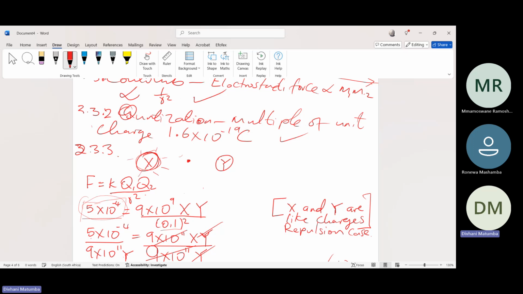It will have its field, and this one also will have its own field. And the total electric field on that point will be the electric field coming from this sphere and the electric field coming from this one. Do you agree? Mamswan?